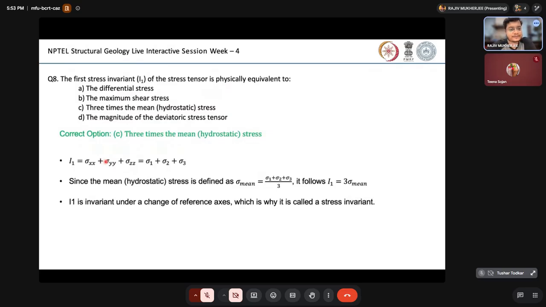Okay, so differential stress is basically the difference between sigma 1 and sigma 3, and deviatoric stress is the difference between the mean stress and any of the principal stresses. That's the deviatoric stress.